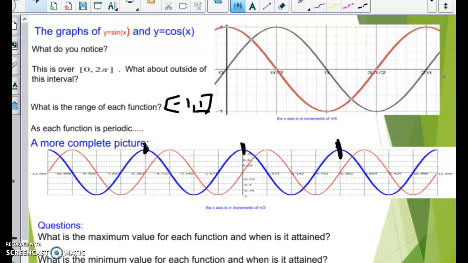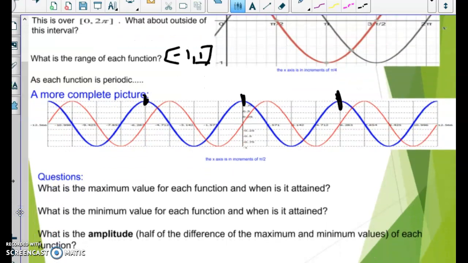So every 2 pi, it's at the same place, and it continues forever and ever. What is the maximum value of each function? Well, 1 is the highest value of both of them. What is the minimum value of each? Well, we know it goes as low as negative 1.